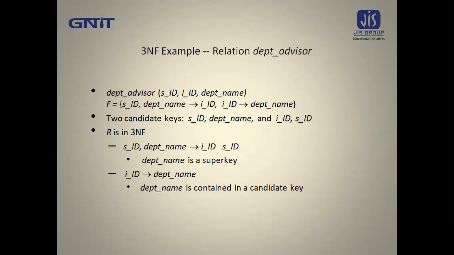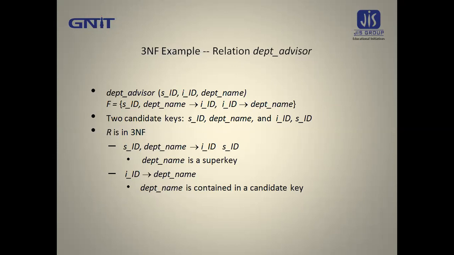The two candidate keys, SID department name and IID SID, are given there. So the first candidate key comprises SID and department name, and the second one has IID and SID. Now R is in 3NF. Clearly we can see that.